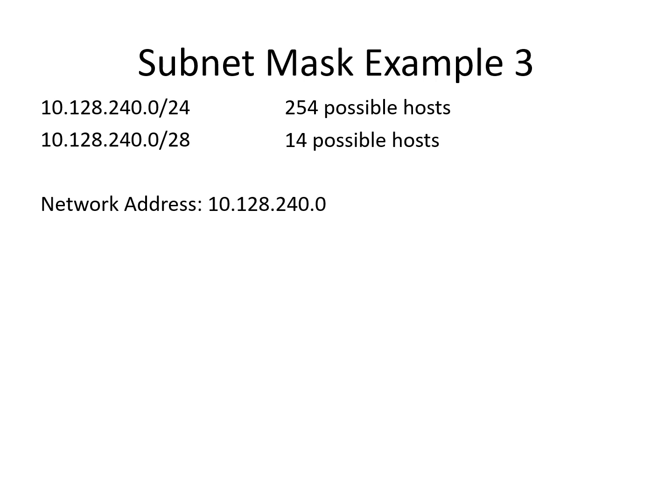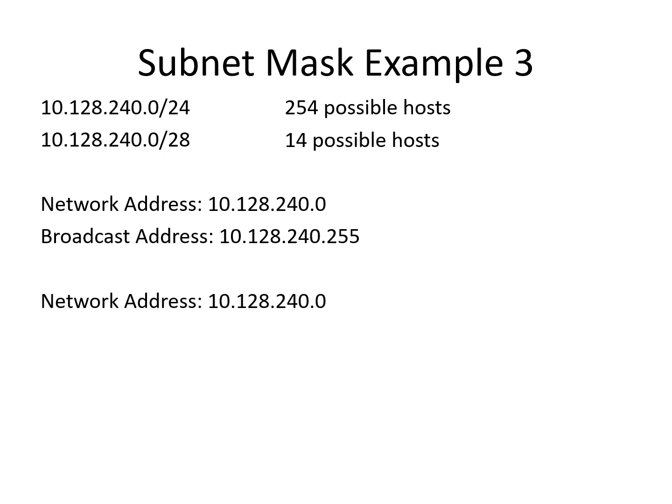For the broadcast address, all host bits would be set to 1, so the broadcast address would be 10.128.240.255. For the second network, the 4 host bits would again be all set to zeros, yielding a network address of 10.128.240.0, just like the first network.